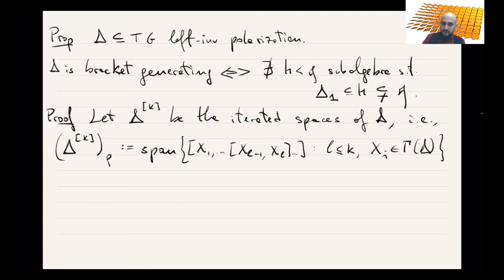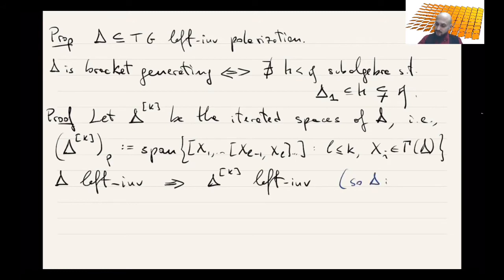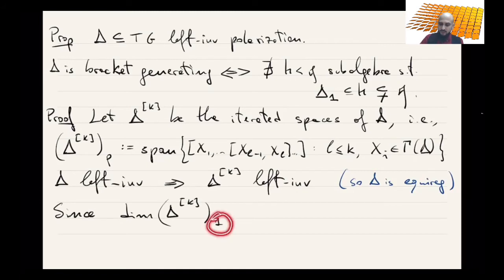The fact that Δ is left invariant implies that all these subsets are also left invariant, and therefore the rank at every point is the same. So we will have that Δ is equiregular. We don't know yet if it generates the Lie algebra, but it is equiregular. Moreover, even if Δ is not bracket generating, the dimension of Δ^k at 1, and instead of 1 I could put any other point because it's the same, as a function of k is not decreasing in k.